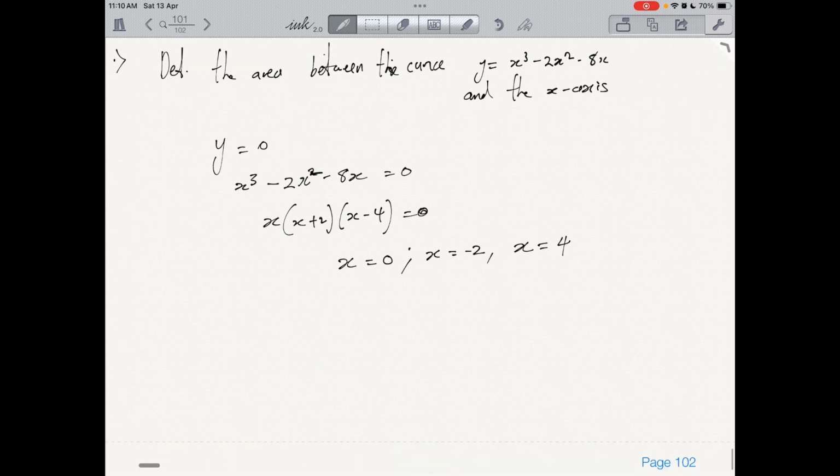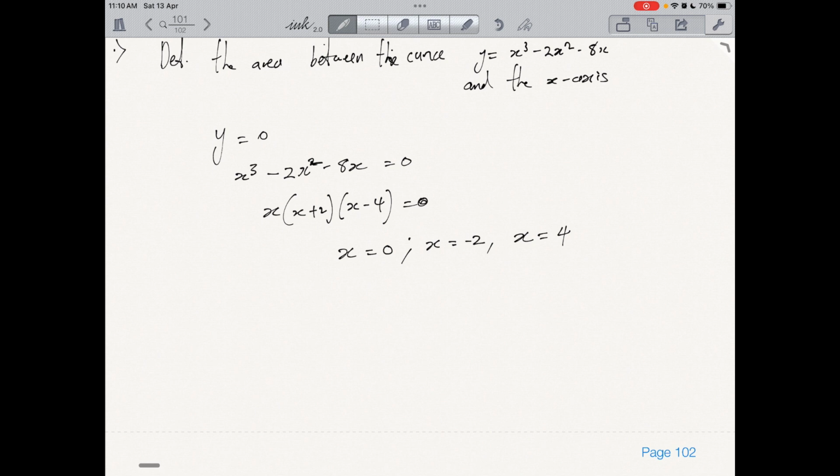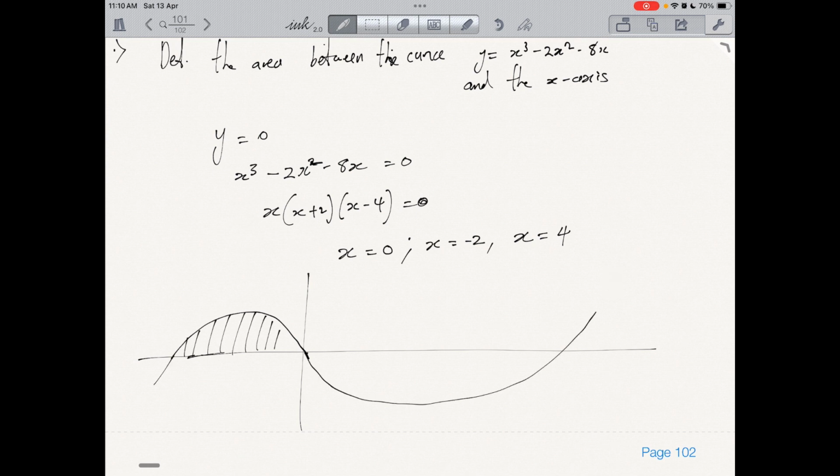Now, let's sketch the graph of x cubed minus 2x squared minus 8x. Sketching the graph of this, we have something similar to this. So I'll ask to evaluate this area coupled with this area.